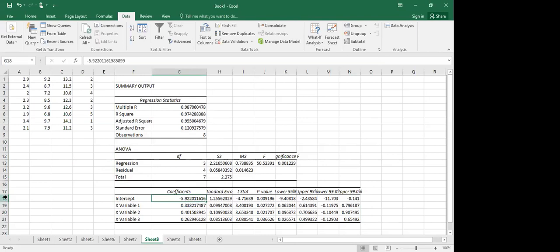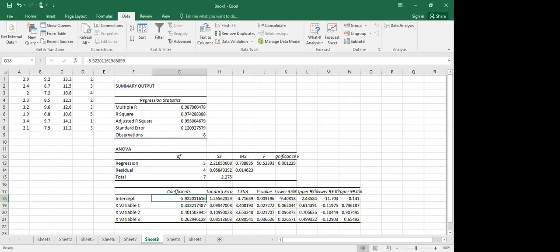So that stands alone: y equals minus 5.92 plus 0.34 x1 plus 0.40 x2 plus 0.26 x3. Do you see where I'm getting those numbers?